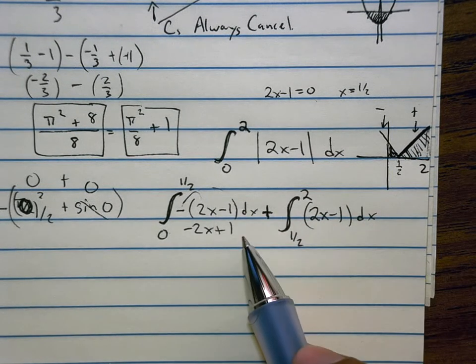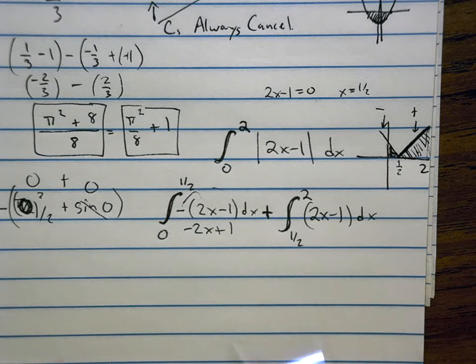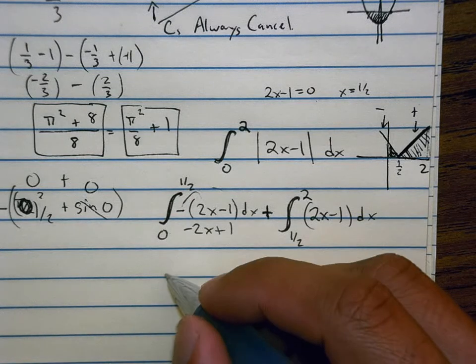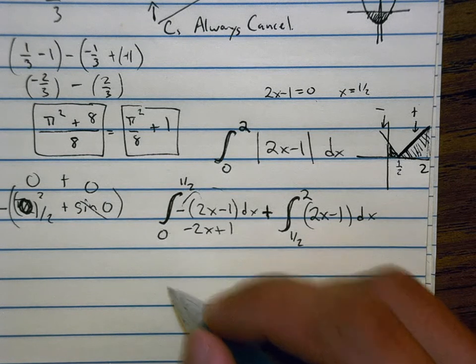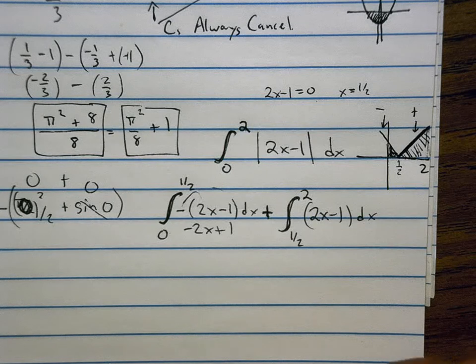Integrate this, integrate that, find the two areas, then add them together. So I'll let you try it from here. I'll continue to work on it. You can try it, and then you can look up if you get stuck anywhere near here.